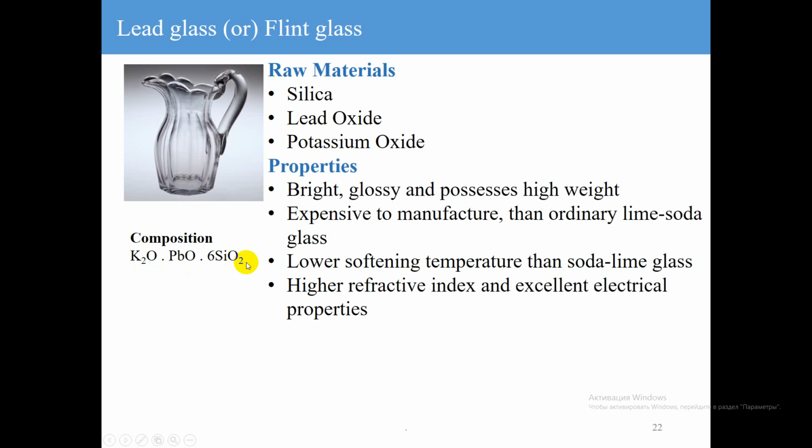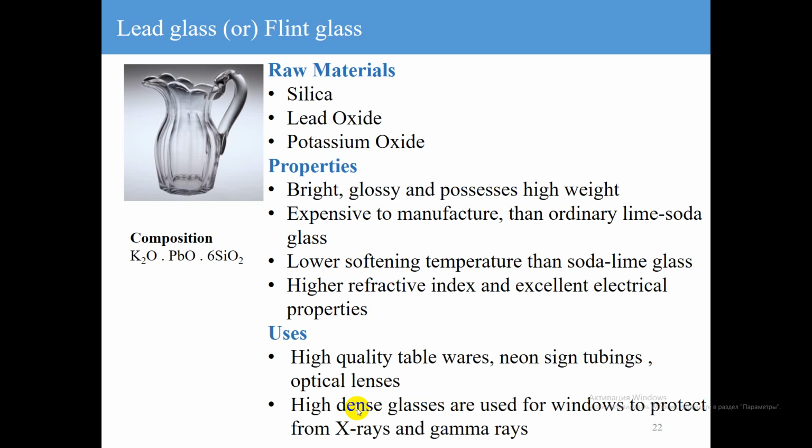Properties: bright, glossy and possesses high weight. More expensive to manufacture than ordinary soda lime glass. It has a lower softening temperature than soda lime glass, a higher refractive index and excellent electrical properties.